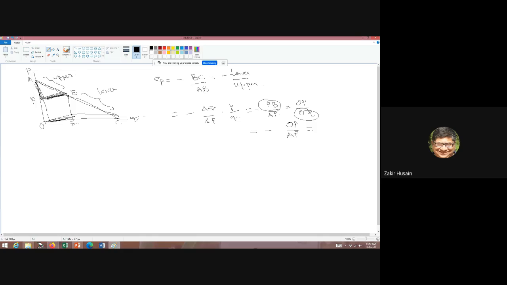So if you're increasing this by lambda, this is also being increased by lambda. Therefore, OP by AP is equal to BC by AB.